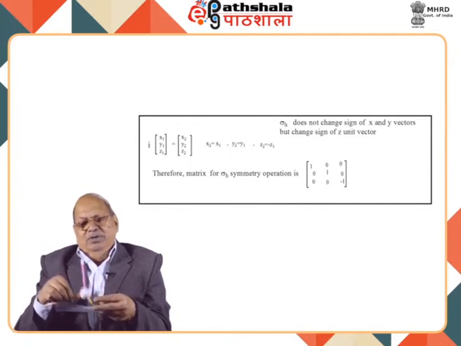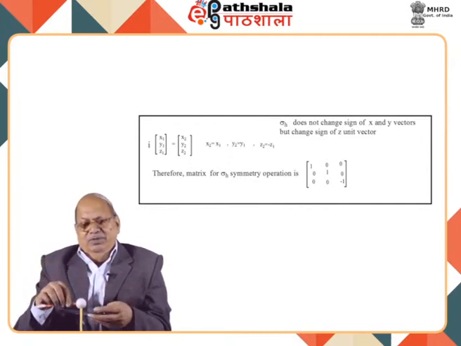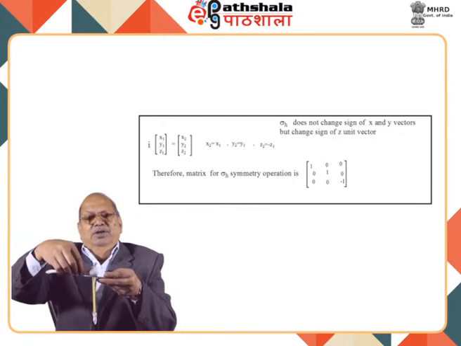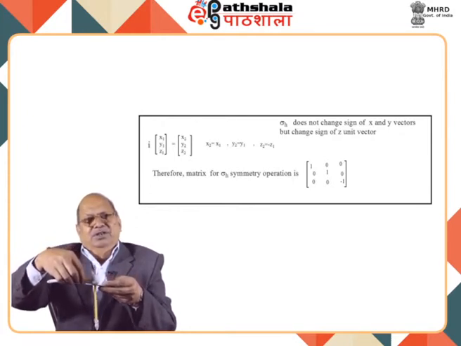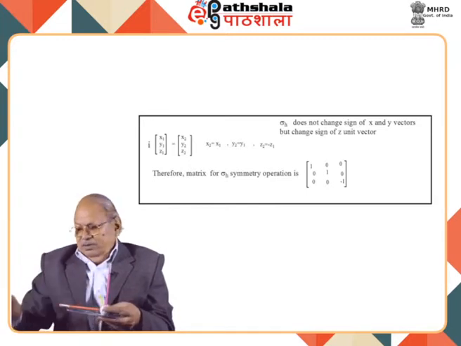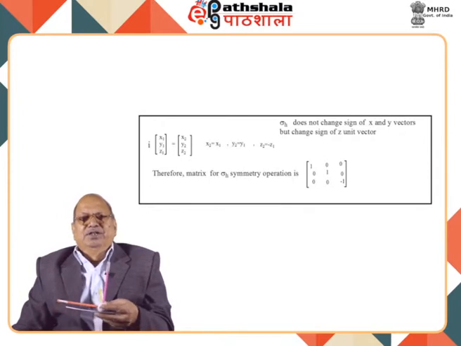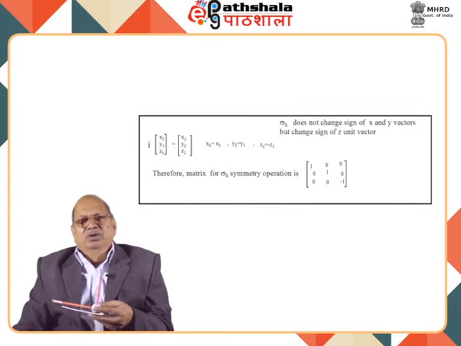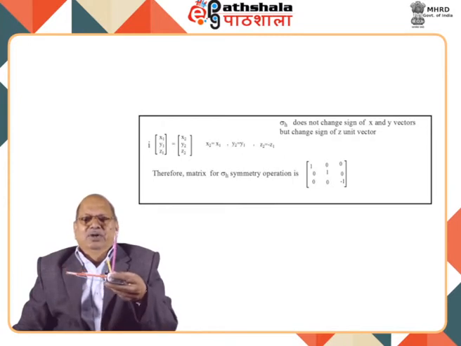Only the z axis changes sign and no other axis; the other two axes, x and y axis, remain the same. So, what will be the matrix now? It will be 1, 0, 0, 0, 1, 0, 0, 0, minus 1.